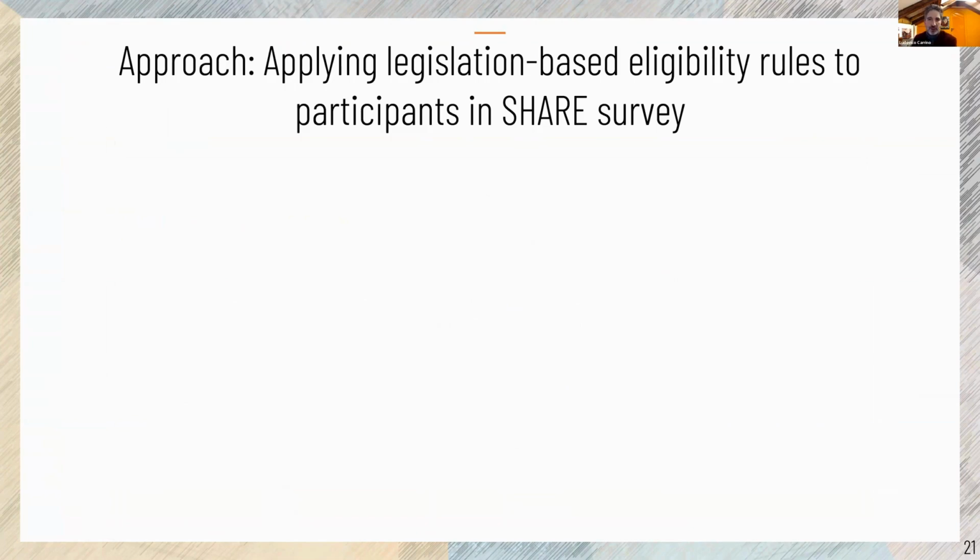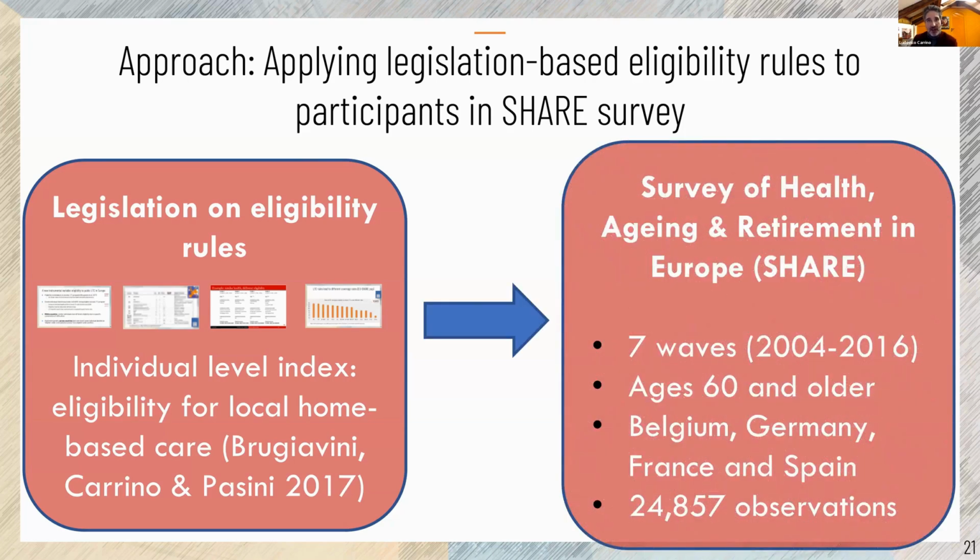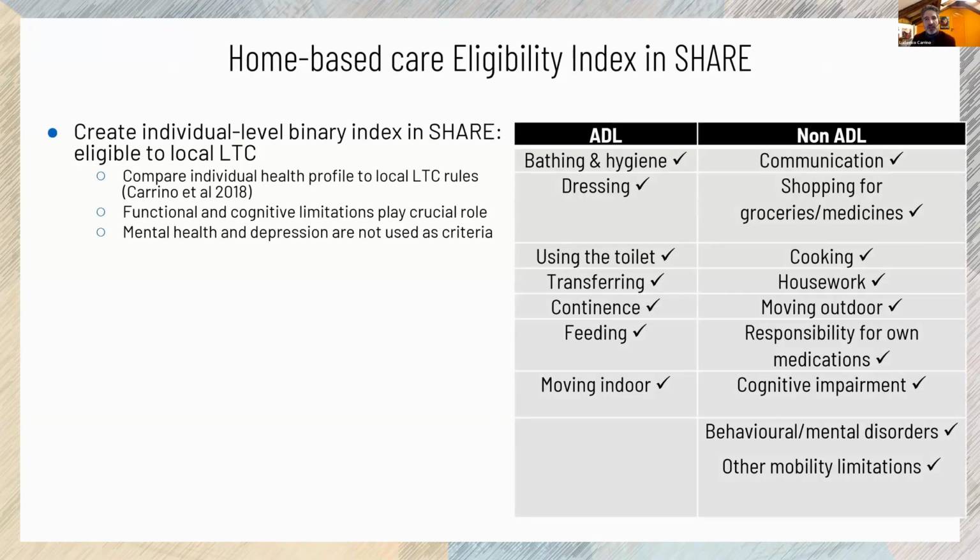So what we propose to do in this study is a simulation exercise: based on the information we have on people in SHARE, we simulate whether SHARE respondents would be eligible or not under the legislation in their own country, and therefore would be eligible to receive care.